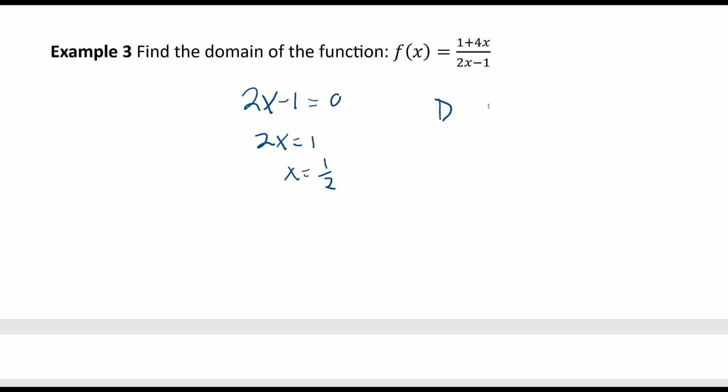So our domain is going to be -infinity up to the 1/2 with a parenthesis, because it's not inclusive, union that with 1/2 to infinity. So this is showing all the values, basically negative infinity to infinity, but it skips the 1/2.